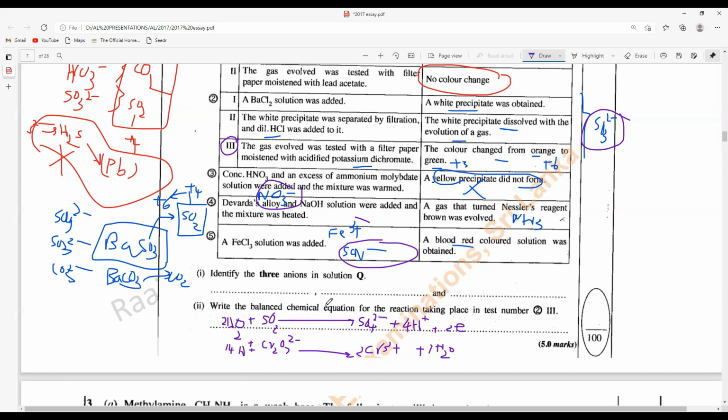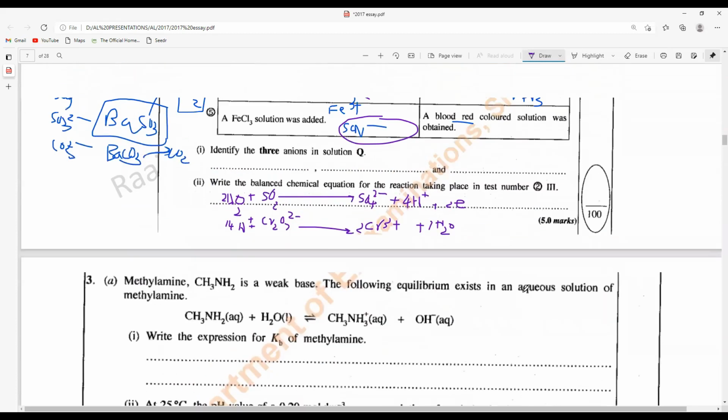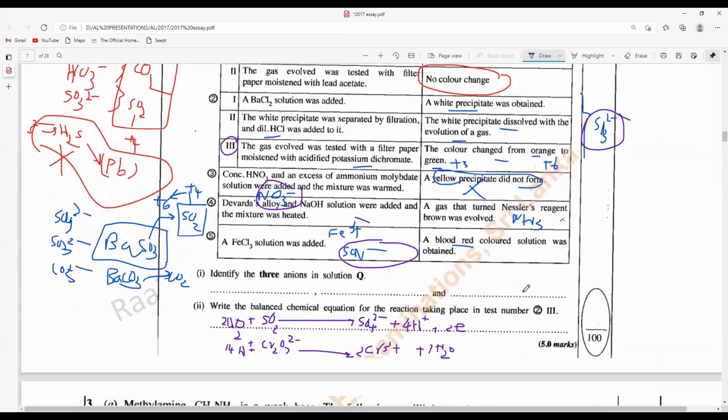We have asked just the balanced chemical equation. So you can do these 2 in the rough sheet, and quickly you only have to write down the balanced overall reaction. That is fine. Okay, so that's the overall idea. So don't forget about that. Right, so we are done with question number 2 as well.